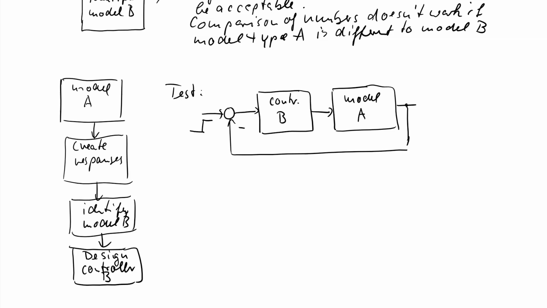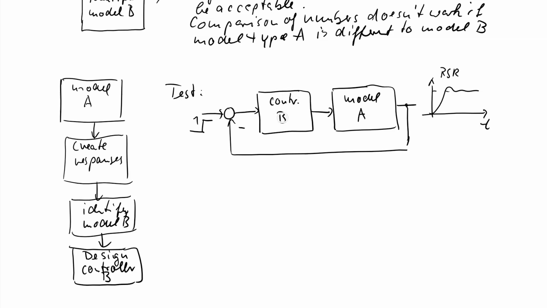Apply a test signal, mostly a unit step function, measure the reference step response, and then check whether this reference step response is acceptable. So then you have a real test of your identification model.